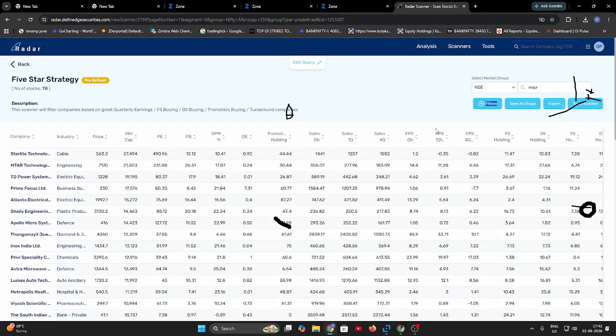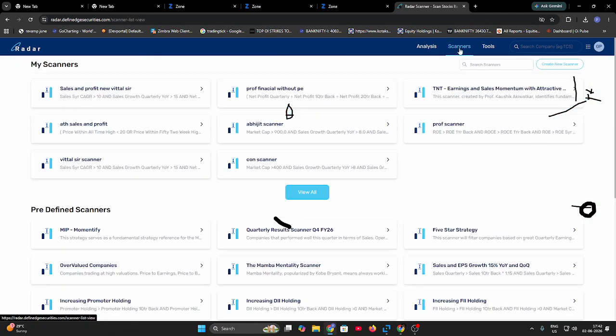So I am going to Radar. This is a fundamental scanner. If you log in and go to scanner, you will see something called the 5-star strategy. There is this 5-star strategy, where you can fundamentally scan.